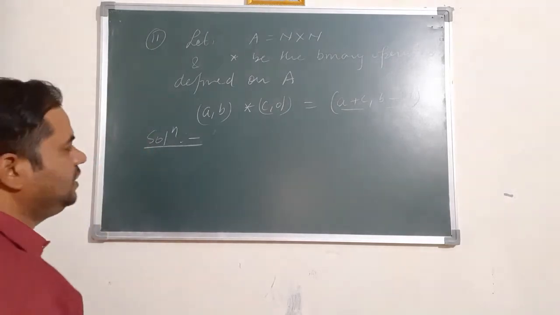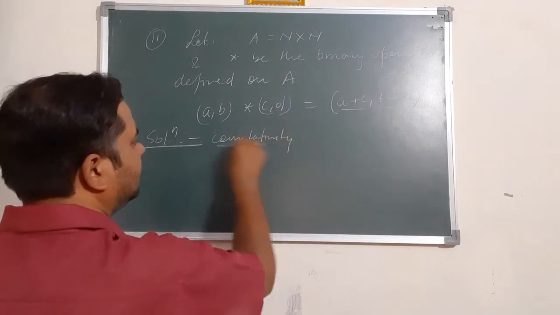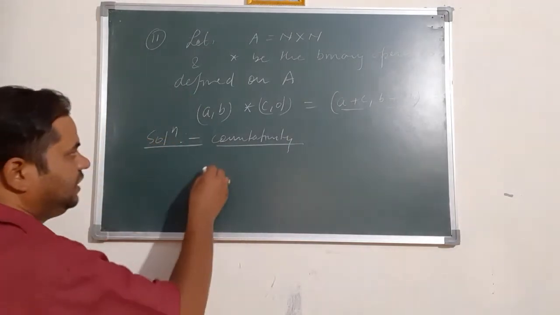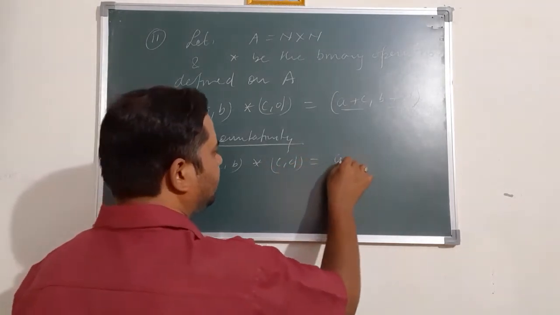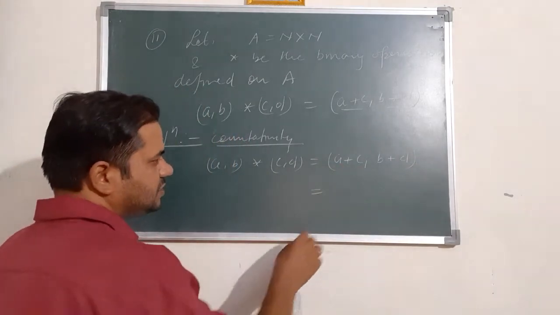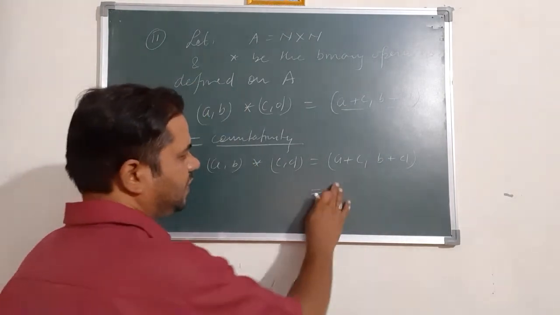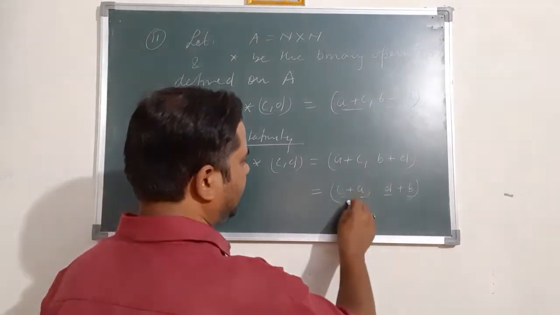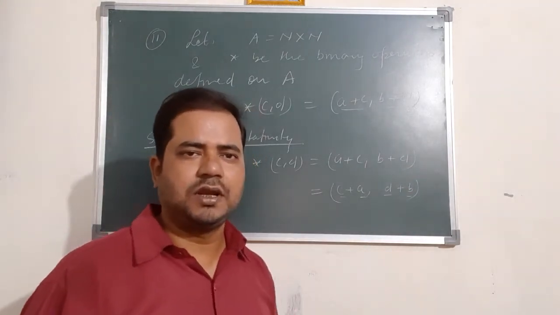Now see, commutativity: if you see (a, b) star (c, d), this is nothing but (a plus c, b plus d), so you can write it as (c plus a, d plus b), because you know very well commutativity holds in natural numbers.